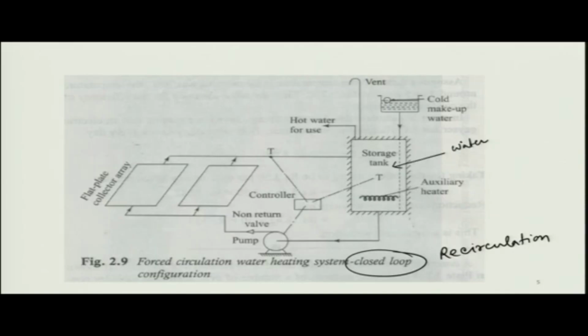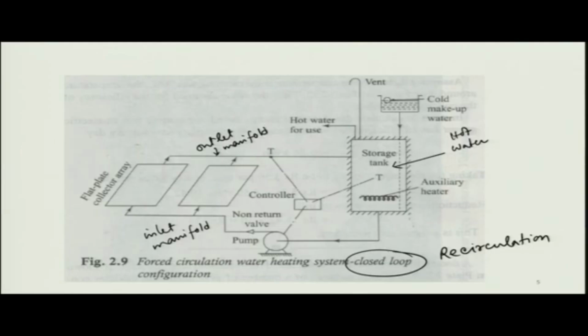So, this is the hot water tank, you can say, because it is connected both to the inlet manifold as well as the outlet manifold. Okay. So, this is your inlet manifold, and this is your outlet manifold.